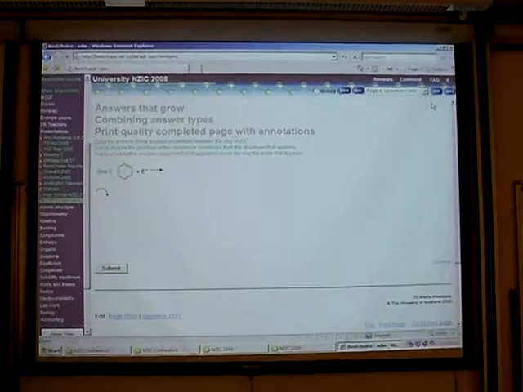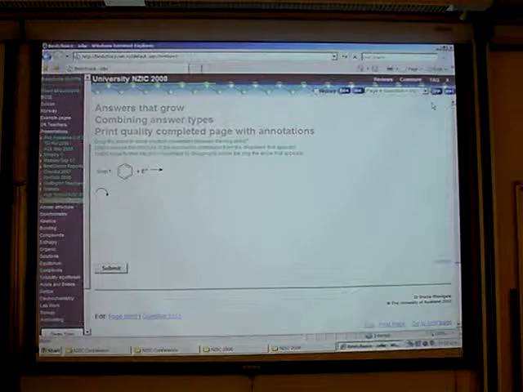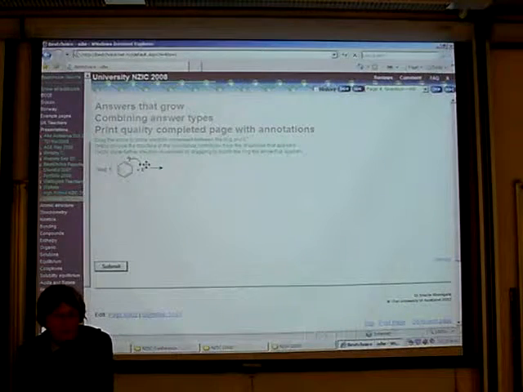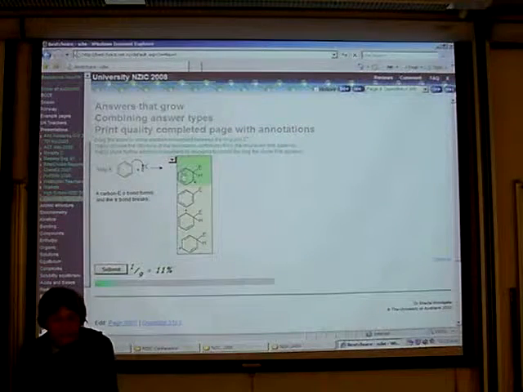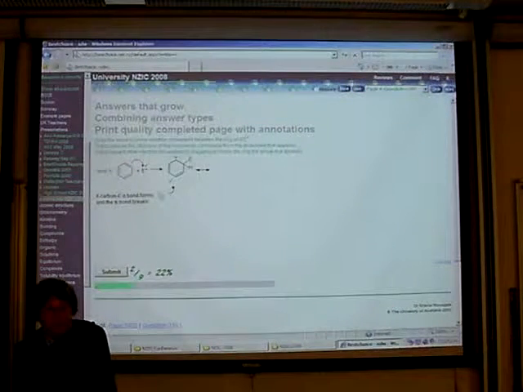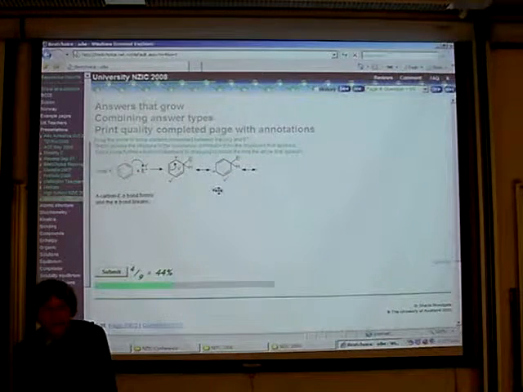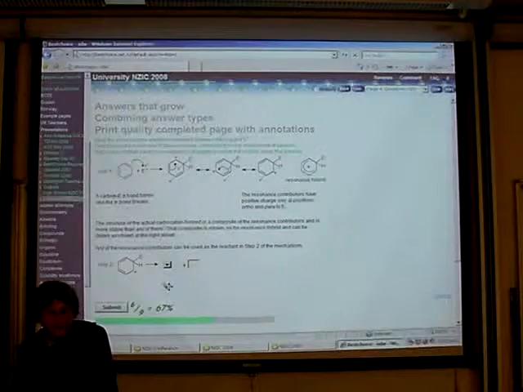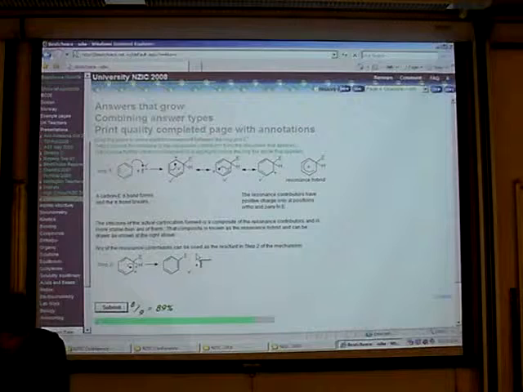This is in another area, organic chemistry, where people are always worried about how to teach mechanisms. And this is just an example of one organic type question where you can drag the arrow and then you choose the next product, then you've got another arrow, and then you choose the next product, and then the last arrow, and the final product is this.